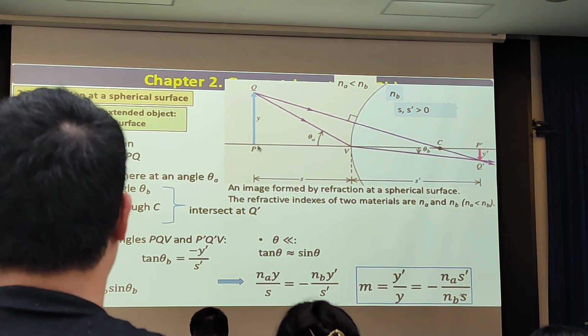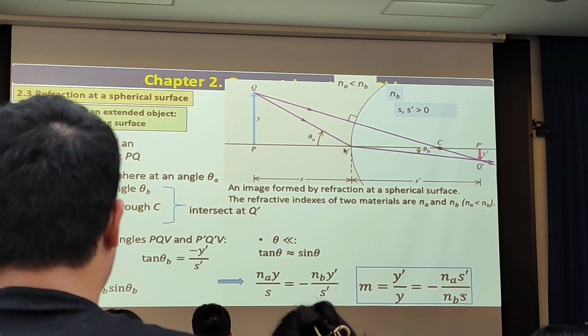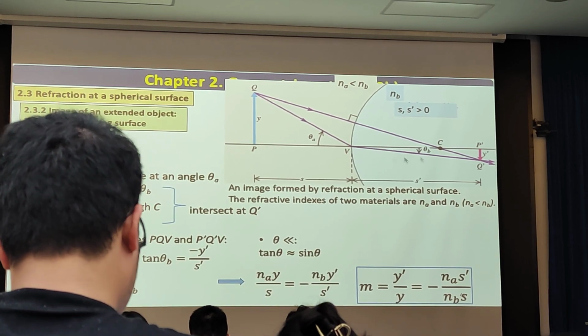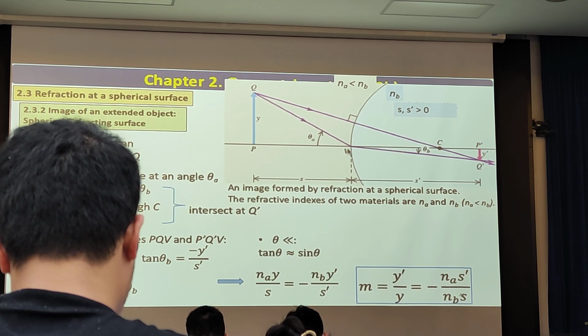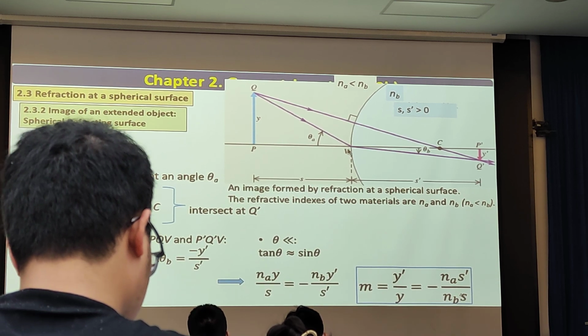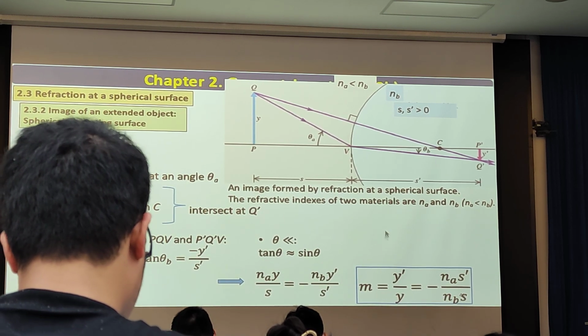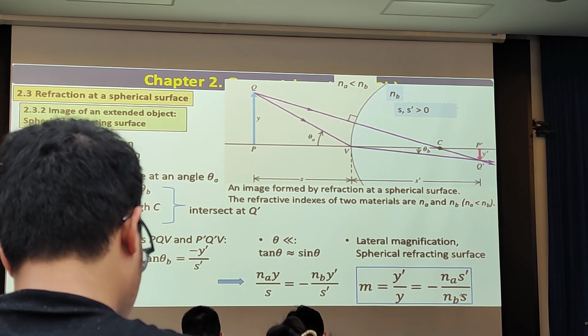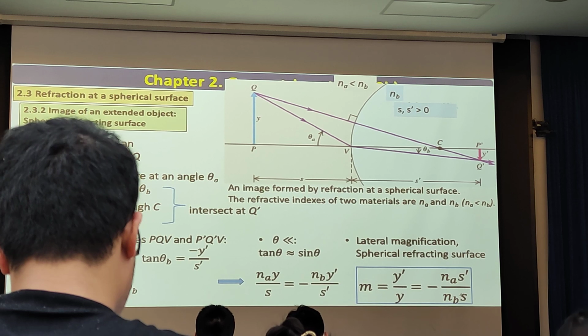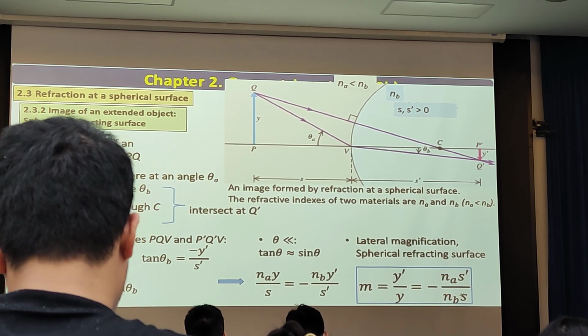S is the distance from P to B, so that's why it is the object distance. The S prime is the distance between P prime and B. B is the vertex of the spherical surface, that's why it is the image distance. Okay? Yes, so this is the lateral magnification, because later on we will study also angular magnification.